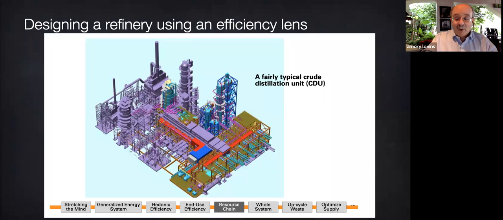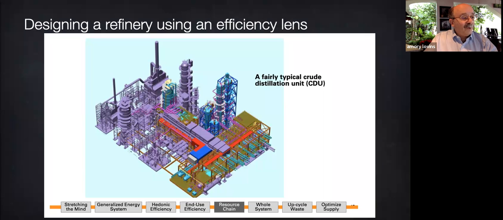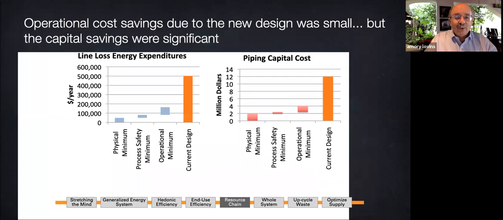I'll just go back to this one again. That's the improved version. That's the original version. And after adding a little more pumping energy for certain operational considerations, the redesign still shrank the saved pumping energy to roughly $250,000 per year.